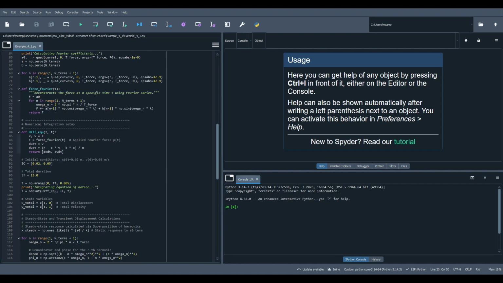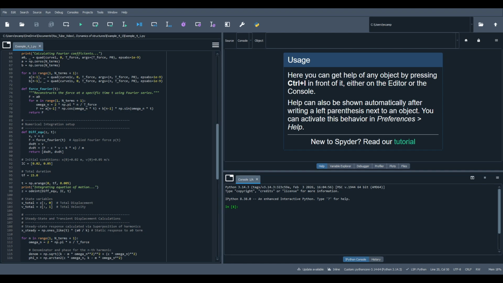Okay, after that there is the numerical integration setup, so we define the difference equation, the system of first order ODEs. Xv is equal to z, packing the state vector z into displacement x and velocity v. F is the Fourier force at time t, calling the Fourier function to get the force at the current time step.